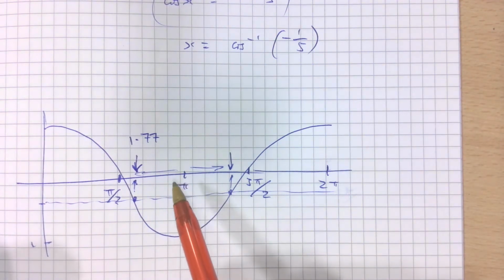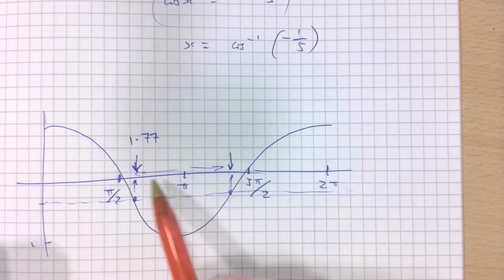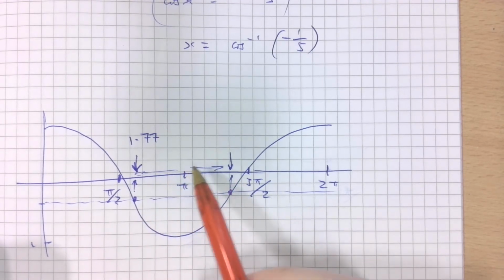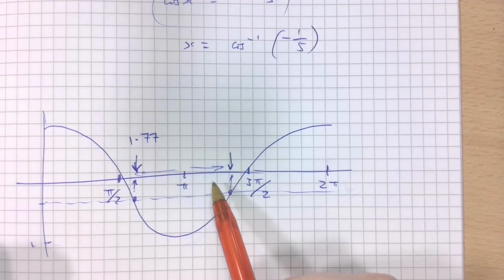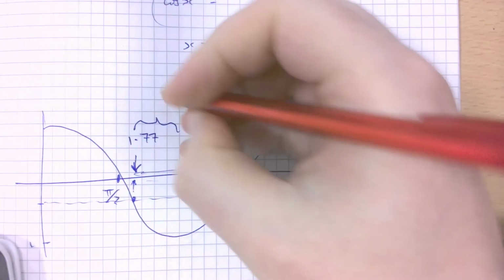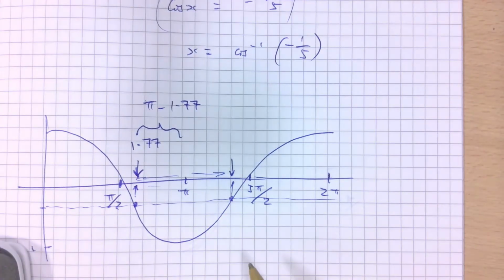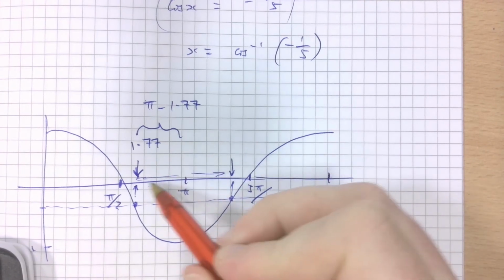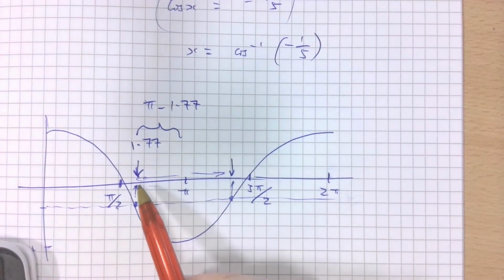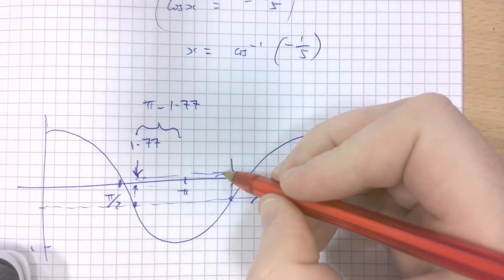Now, the distance between pi and 1.77 here should be added to pi to give me the second solution. Okay, so what is that gap? This gap is pi minus 1.77, isn't it? Effectively, if it was a number line, I'd subtract this one from this one to work out that length, and that is what is going to be added here.